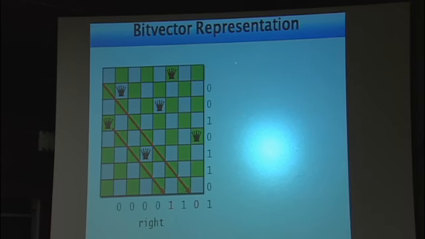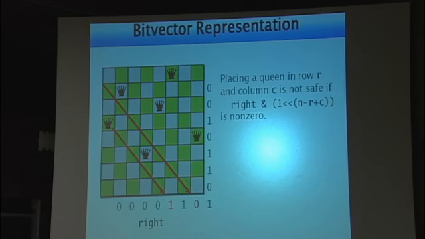But I can still do that in one computer word for things of reasonable size, or even for things that are pretty good size, 2 computer words would be certainly ample. So now how do I tell whether or not a queen placed on a given square can legally be placed there?